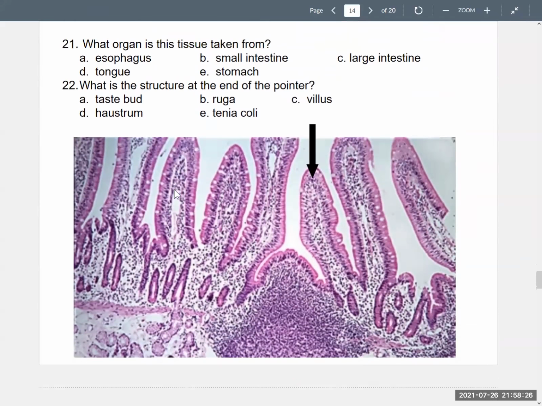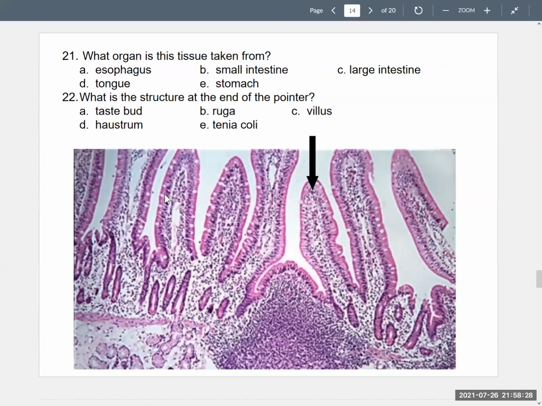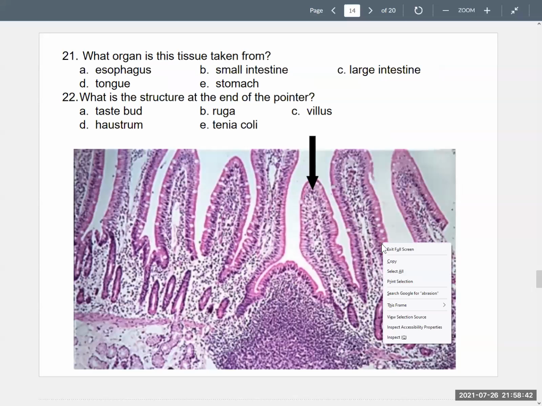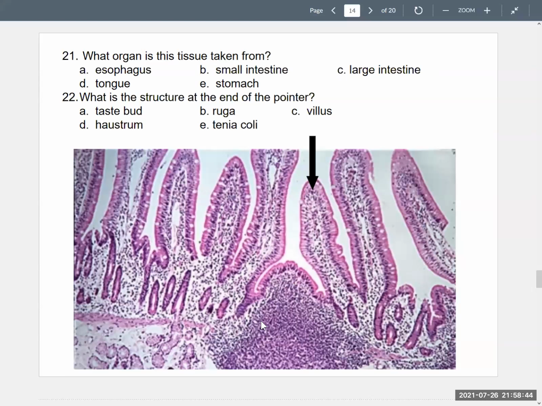Okay, this one is the small intestine. The small intestine has finger-like villi. If you ever took in your science class anything to do with worms, you might recognize this as a planarian. If you don't know what a planaria is, forget I even said it.